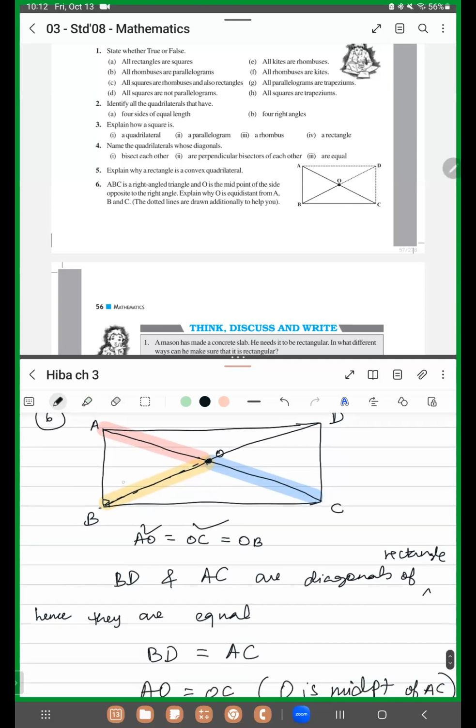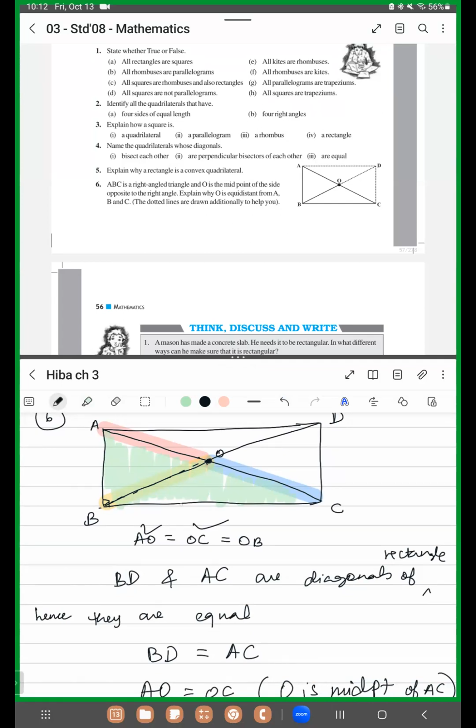This is the right angle. In triangle ABC, angle B is the right angle, right? So the side opposite to the right angle is AC. And they are saying that O is the midpoint. So explain why O is equidistant from A, B, and C.